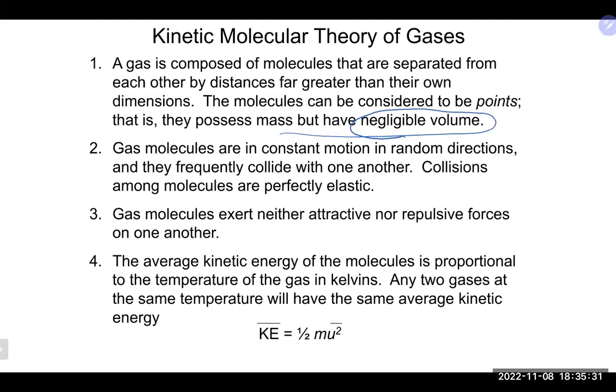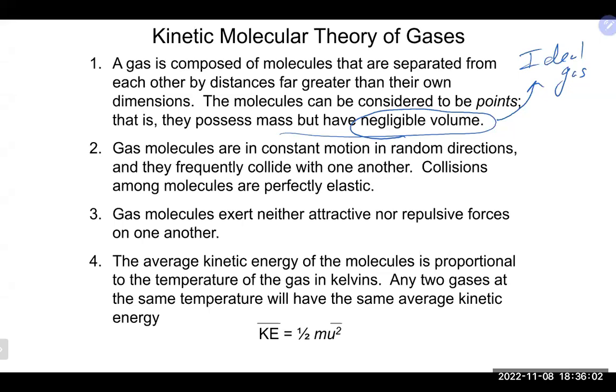A lot of gas law problems talk about the volume of the container that the gas is in rather than the volume of the gas molecules itself. The gas molecules' volume is very small compared to the container they're flying around in. Because we assume that they fill that container uniformly, we look towards the volume of the container rather than the gas itself in an ideal situation.